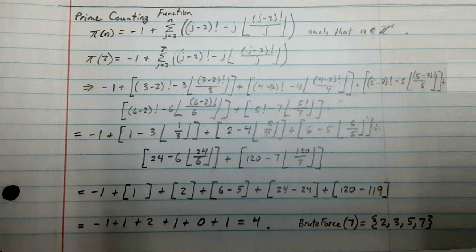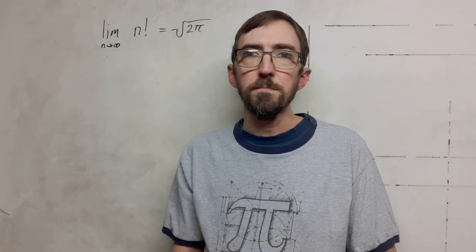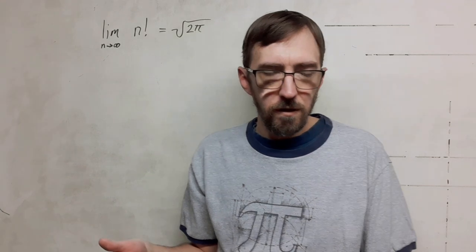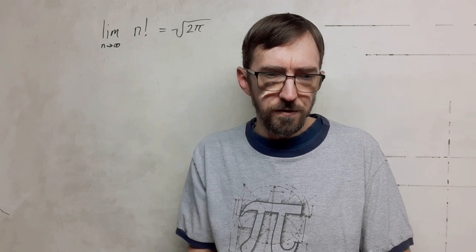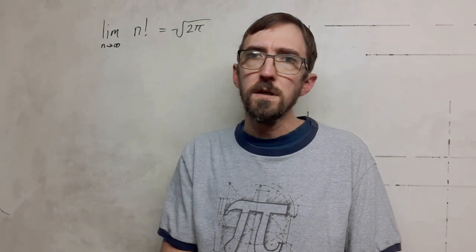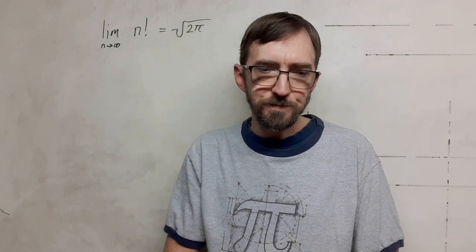So it would be great if you know some programming to be able to put some code together and automate this so that you're not doing this by hand. And then you see in the lower right hand corner, just by brute force, we can count up how many primes are 7 or less, and we find out that there is 4, which is what we got as the return from our pi function series here.